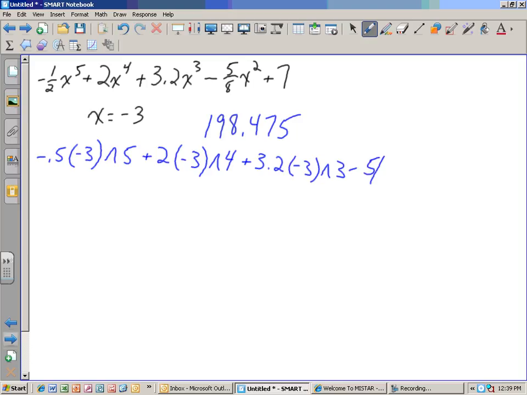Minus 5/8. So you can see the way you have to add that into your calculator, making sure you use parentheses when you insert a negative number. Okay?